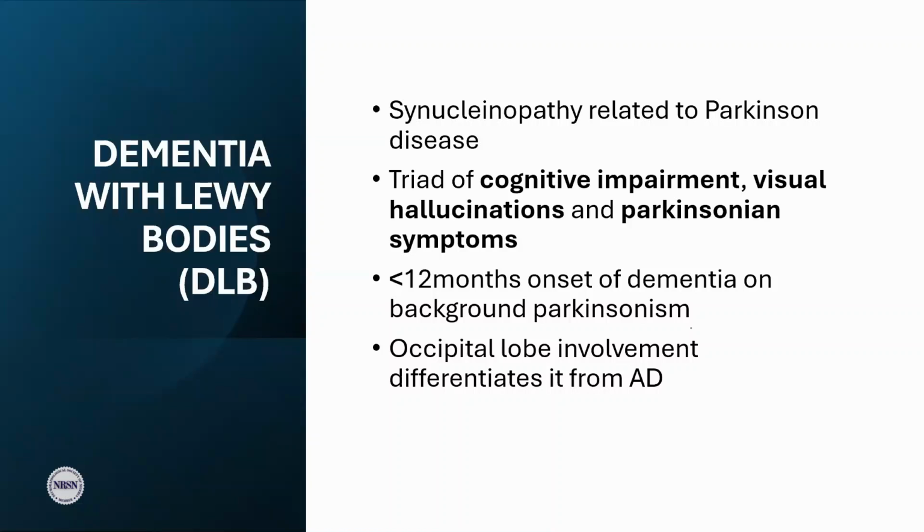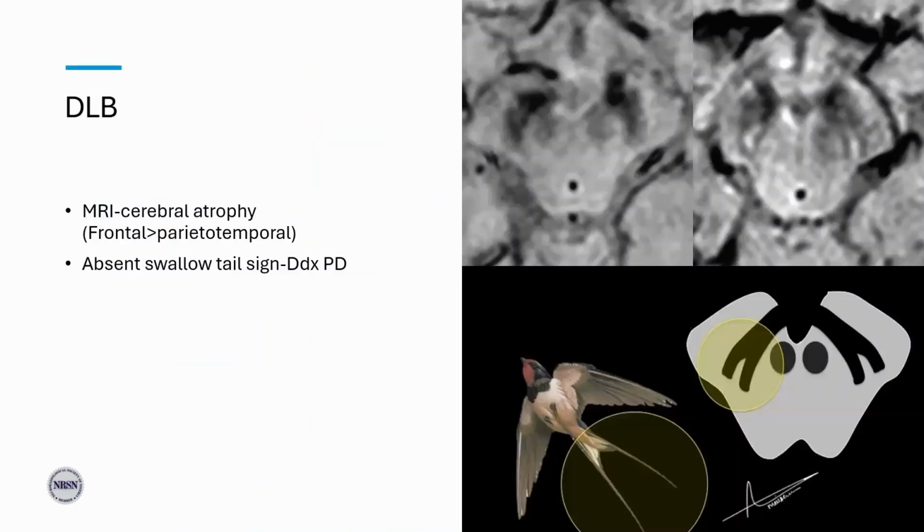It is important to monitor this patient for 1 year. If in less than 12 months there's onset of cognitive impairment on the background of dementia, you can make a diagnosis of dementia with Lewy bodies. It's also important to note that occipital lobe involvement differentiates dementia with Lewy bodies from Alzheimer's disease.